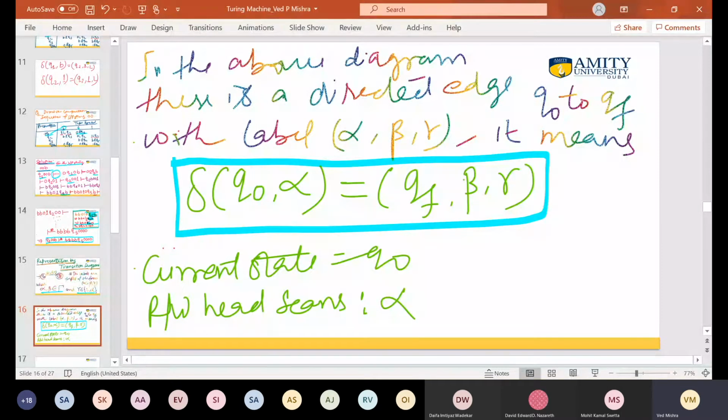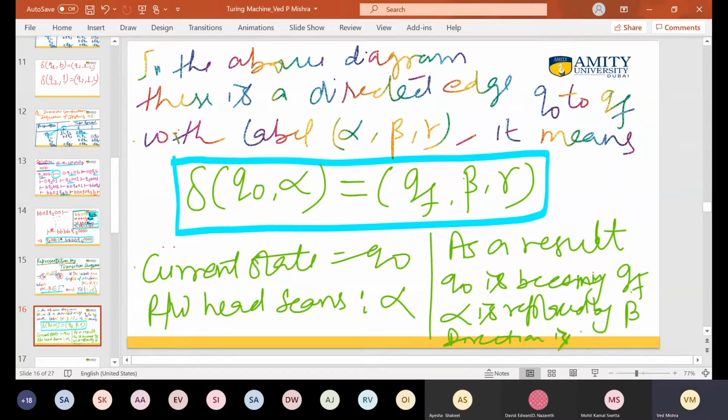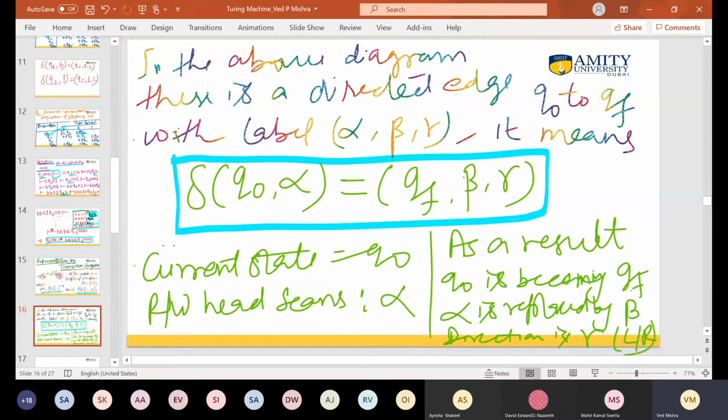As a result, Q0 becomes QF, alpha is replaced by beta, and the direction is gamma, which will be left or right.